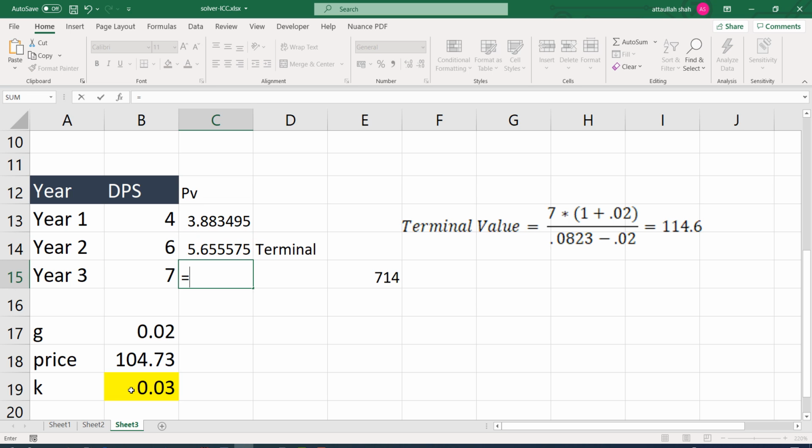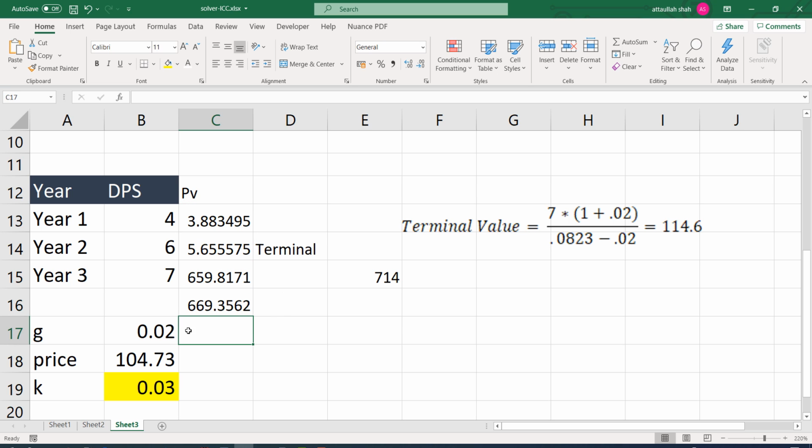The third year, we will add both the third year dividend per share plus the terminal value that we had obtained, and we will discount both of them at 1 plus cost of capital raised to power 3. And our objective cell will be to sum all these three values.